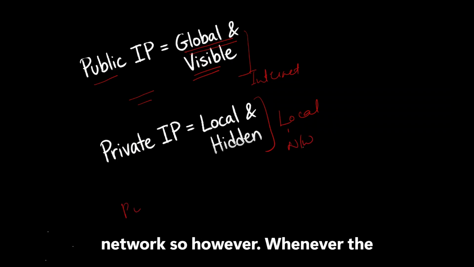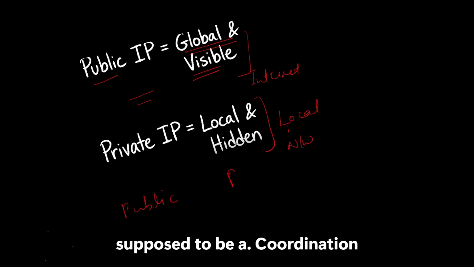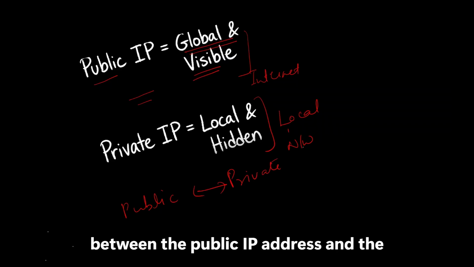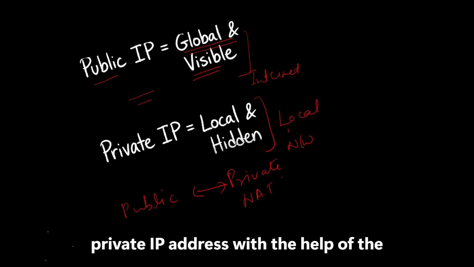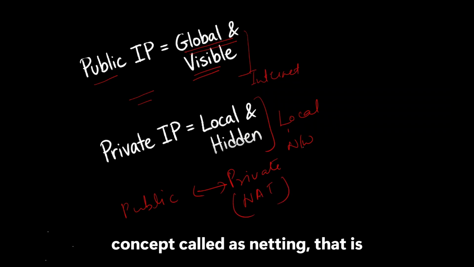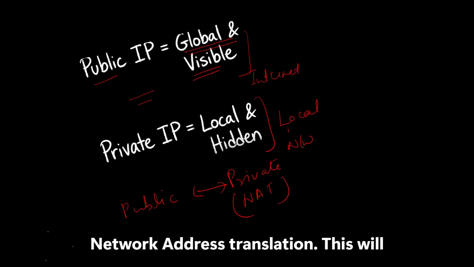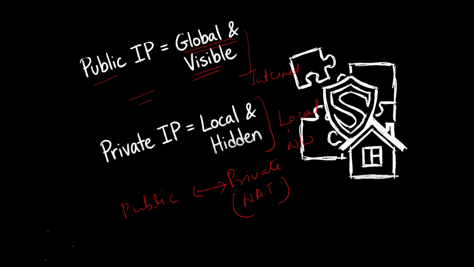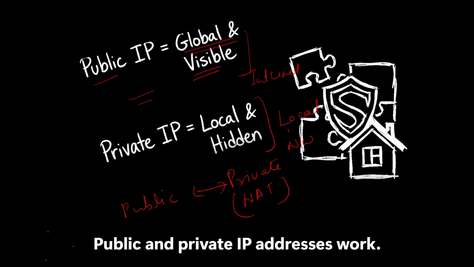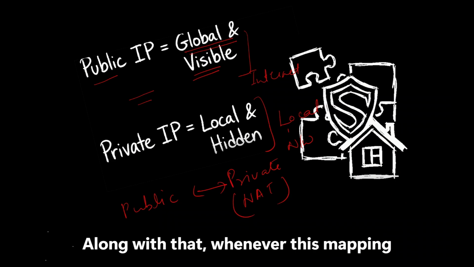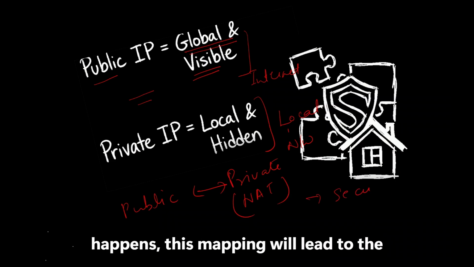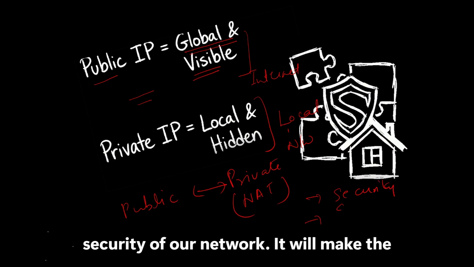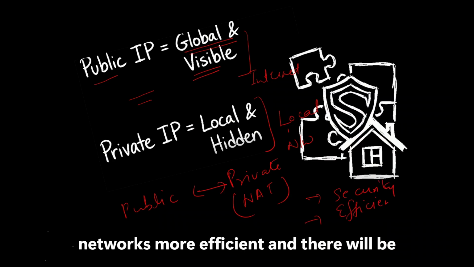Whenever communication has to take place, there is coordination between the public IP address and the private IP address with the help of the concept called NAT, that is network address translation. This helps you understand how public and private IP addresses work. Along with that, this mapping leads to the security of a network and makes networks more efficient.